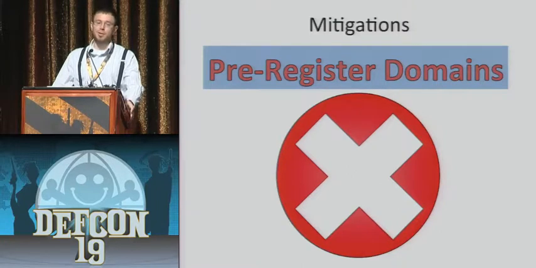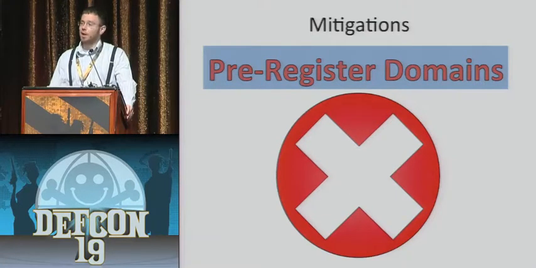If you're only looking at single bit errors, the most possible bitsquats that can exist is 6 times the amount of letters in your domain. That's only for single bit errors though. And the great thing about pre-registering is, 1, you can do it right now. 2, it'll help all your users, even your users running in some really hot climate, on really terrible power supplies, with a really bad computer.